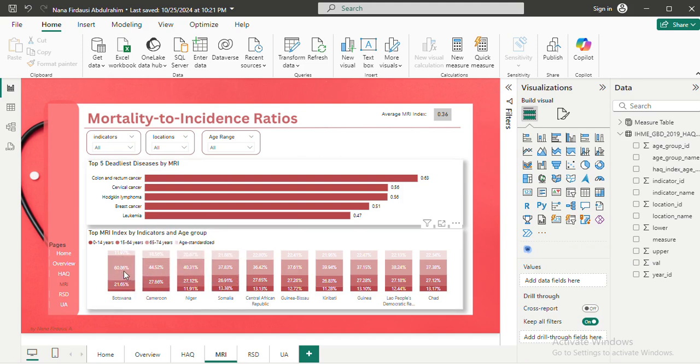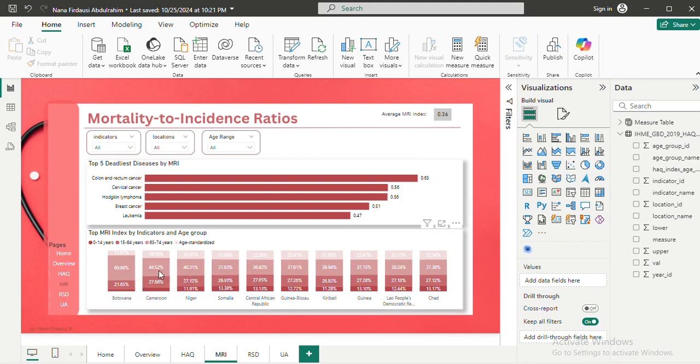The 0 to 14 years have very low MRI, very low liability to die from a particular disease, while the people from the age range of 65 to 74 have the highest mortality rate, that they are very liable to dying from this kind of deadly diseases.